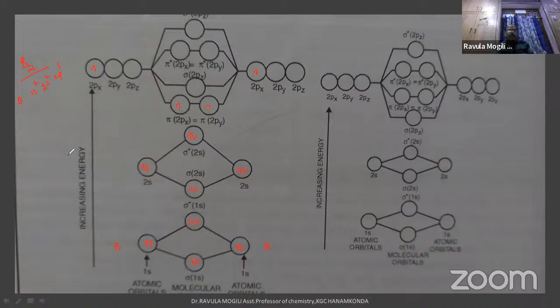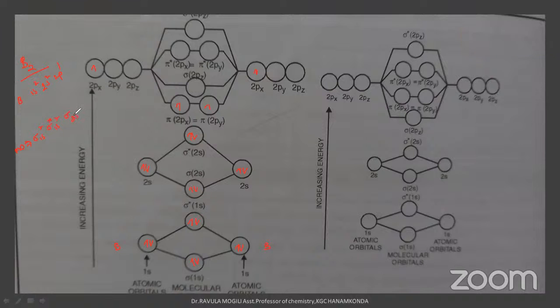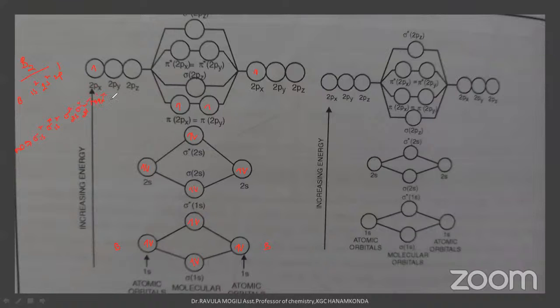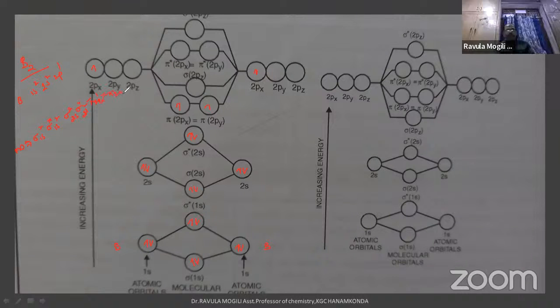Therefore the molecular orbital configuration is sigma 1s2, sigma star 1s2, sigma 2s2, sigma star 2s2, pi 2px1 equal to pi 2py1.